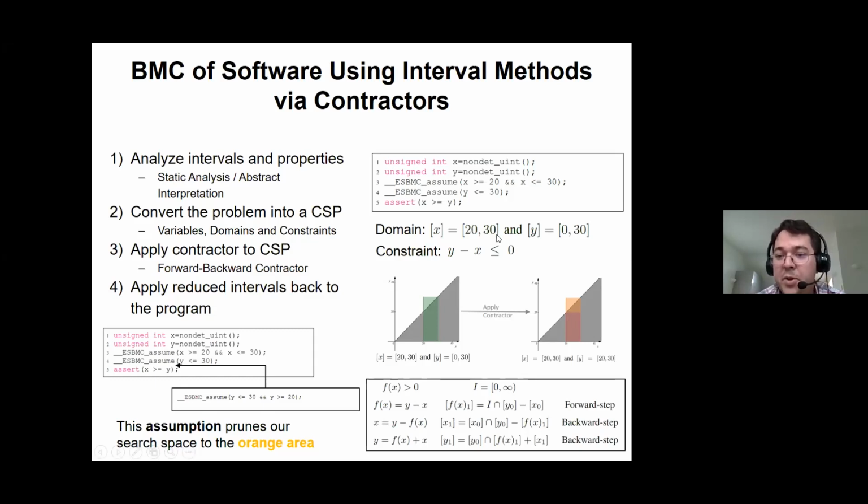And then we use a solver from IBM. I don't recall the name of the solver right now, but we give that formula to the IBM solver as a CSP problem in order to tell us what the contracted area is that a given variable can assume in the code. So to answer your question, this approach is semi-automatic, but we are working on it right now to make it fully automatic.